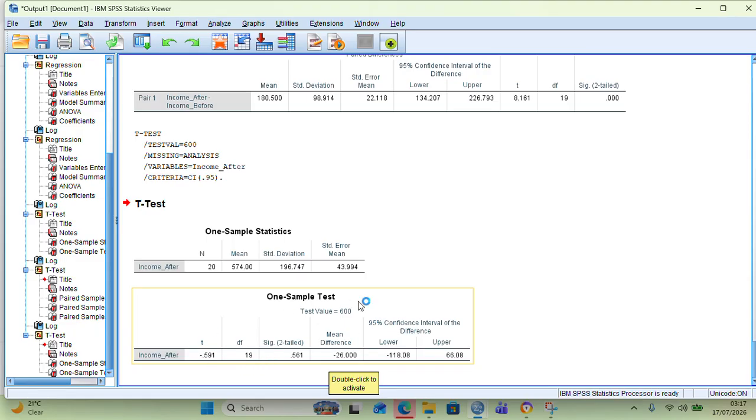So from this we can conclude that there is no difference between the average mean of that known value and the one we have, if we had hypothesized the null hypothesis as there being a significant difference between the population mean and the hypothesized figure, which was 600.